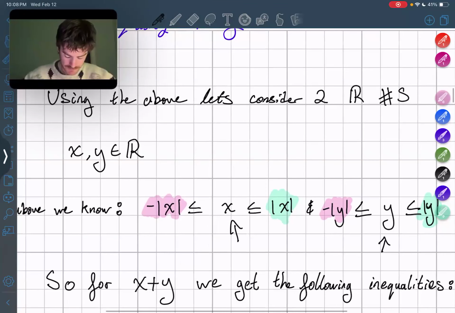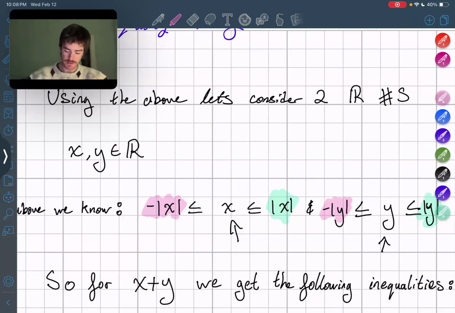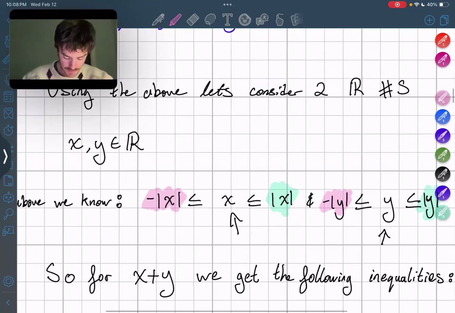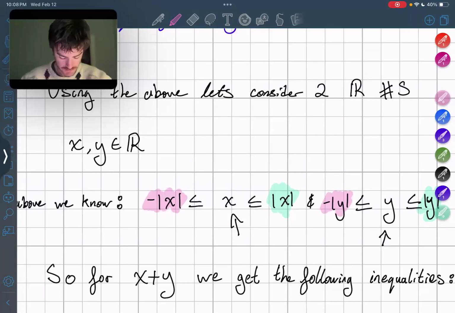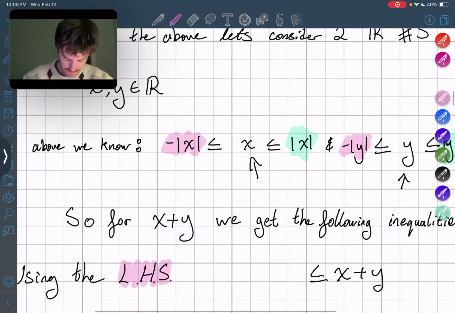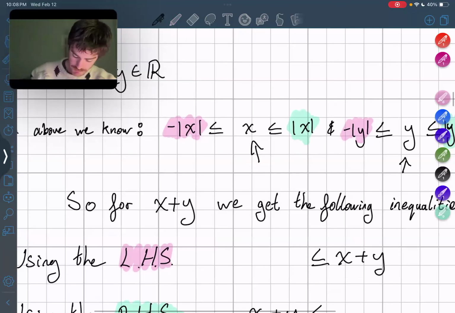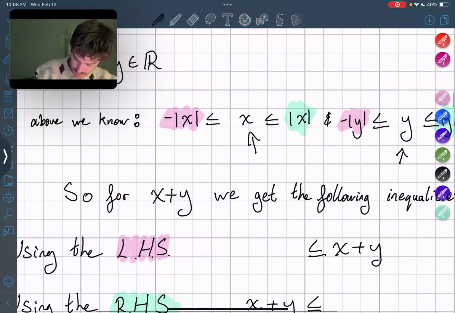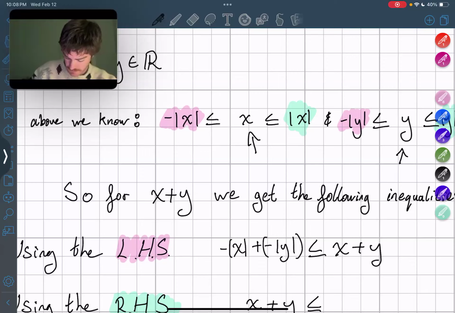All right, so let's consider just x plus y, and we're going to get the following inequalities. We're going to focus first on the pink side, which is the left-hand side. So we get that the negative absolute value of x plus the negative absolute value of y is less than or equal to x plus y.